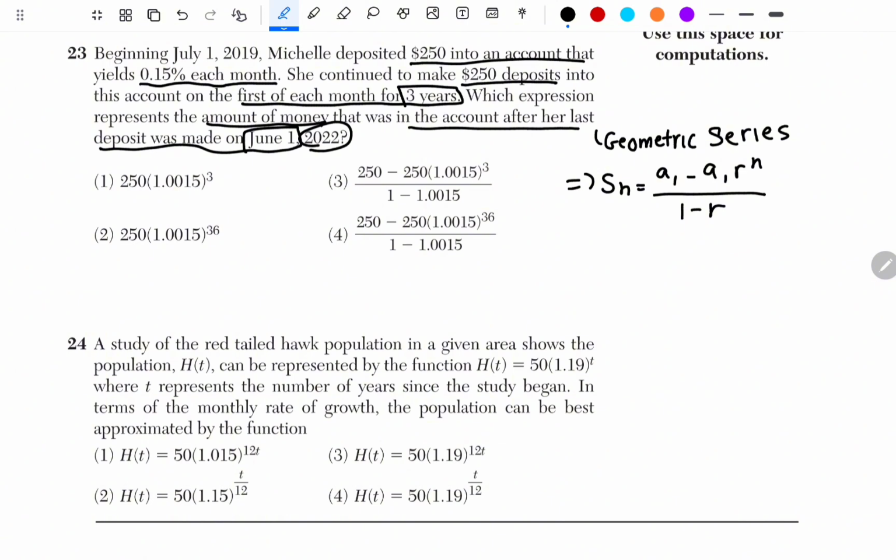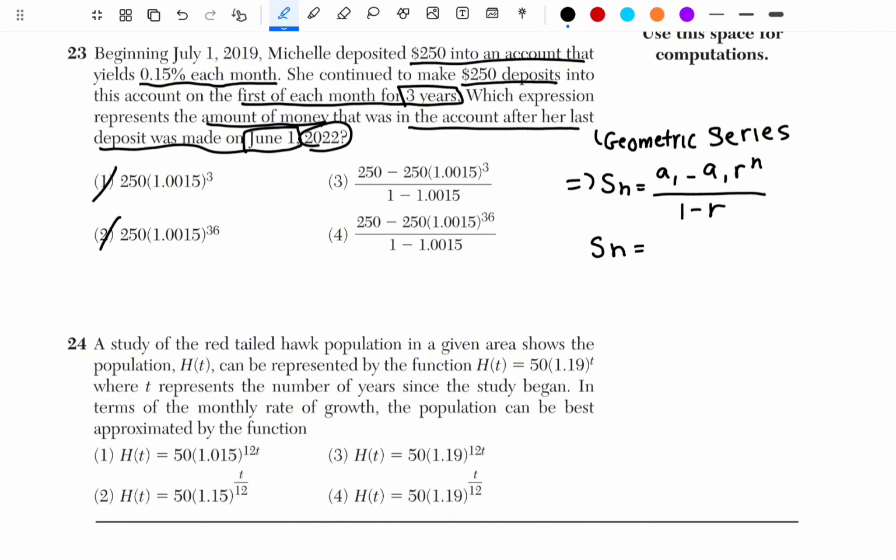Okay, so what is our A1? Well, before we even plug it in, we know we have to eliminate answer choices 1 and 2 because why? They do not represent a geometric series. The first year, it's 250. The second year, it's 250, but that 250 also earns 0.15% plus the 250 that she already had in her account.